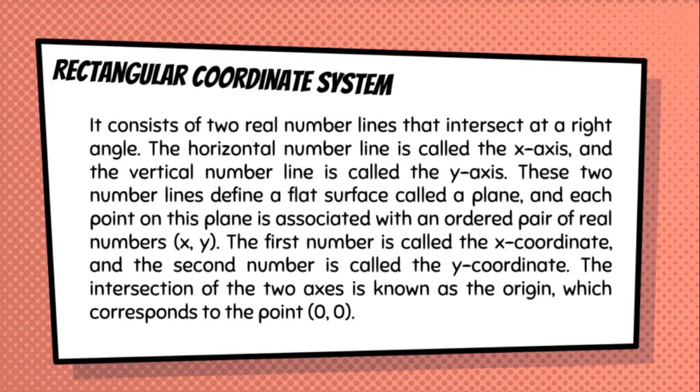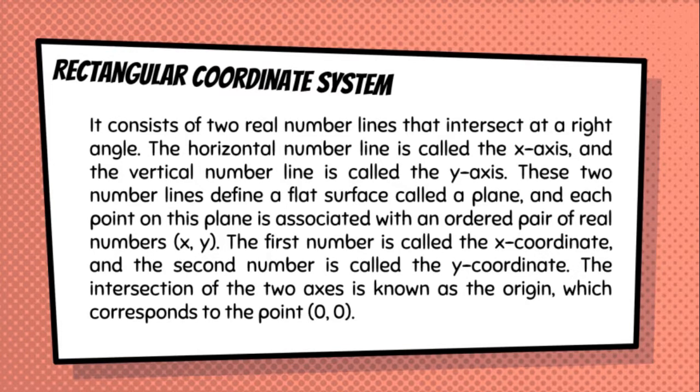These two number lines define a flat surface called a plane, and each point on this plane is associated with an ordered pair of real numbers, (x, y). The first number is called the x-coordinate, and the second number is called the y-coordinate. The intersection of the two axes is known as the origin, which corresponds to the point (0, 0).